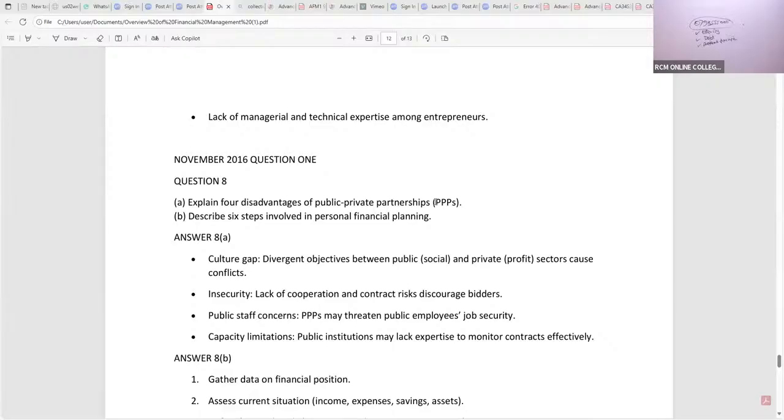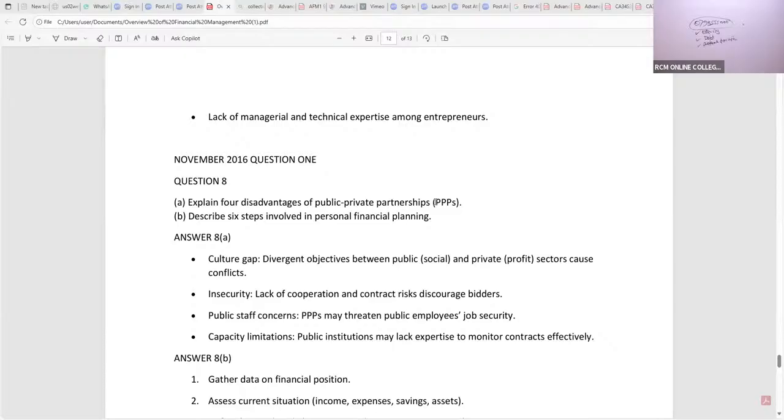Whenever we talk of public-private partnerships, we have shocks in the form of objectives. Remember, the public sector has a social responsibility and objective. And the private sector has what here? The private sector, ladies and gentlemen, has a profit motive. And then there is misalignment in the form of employees' thoughts.